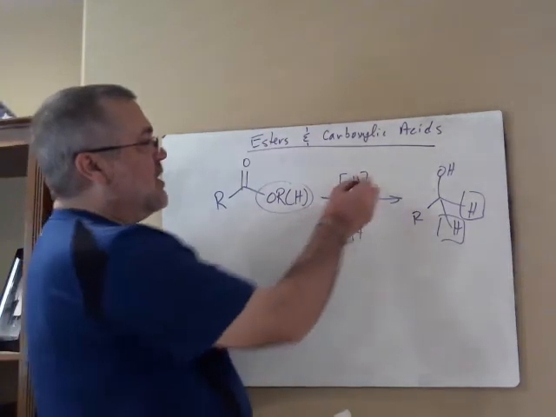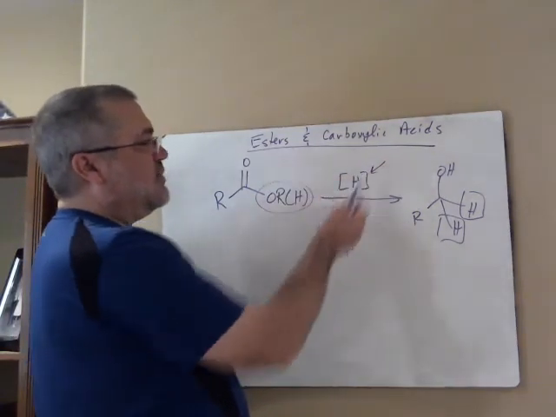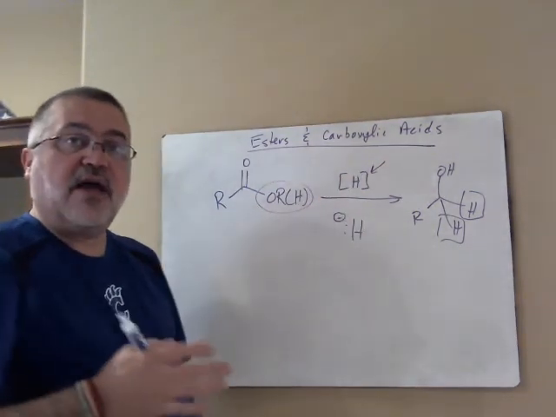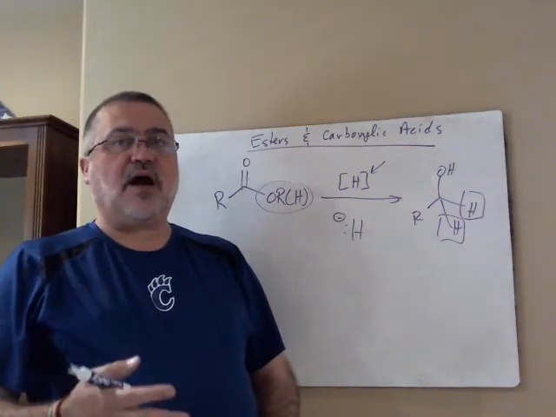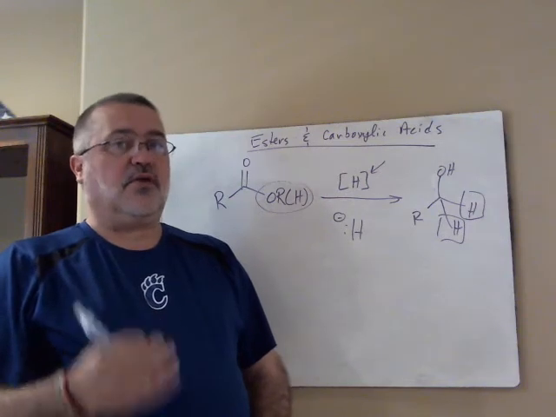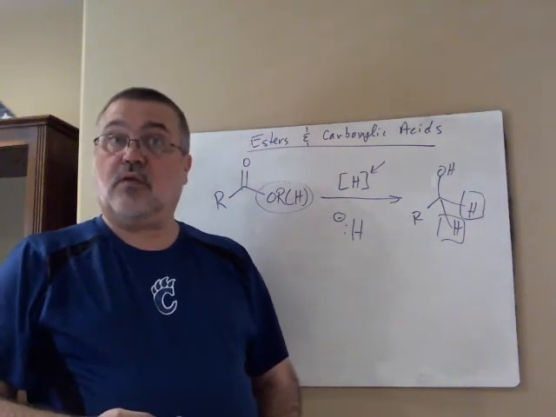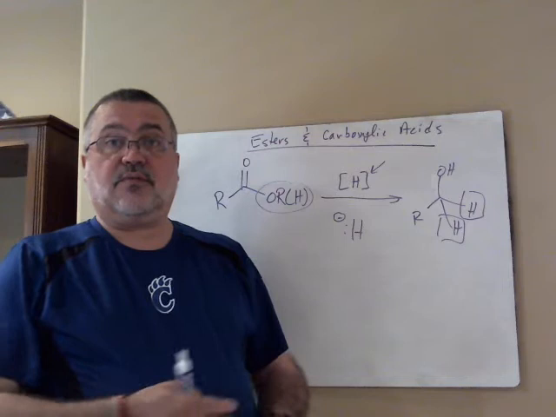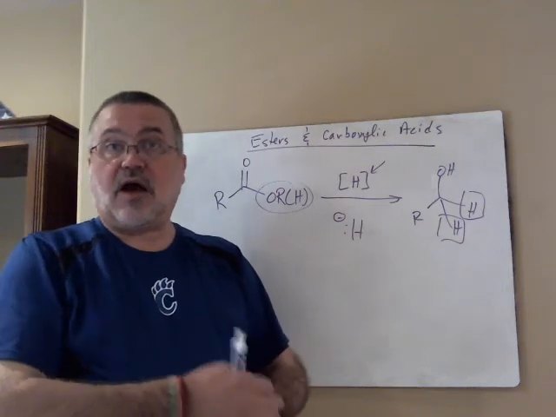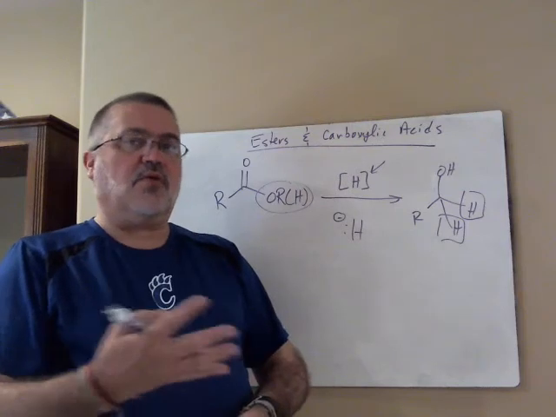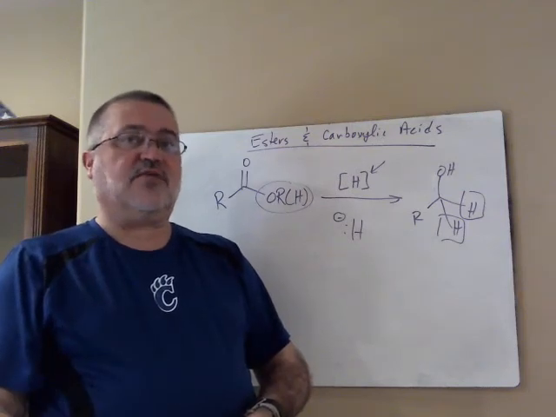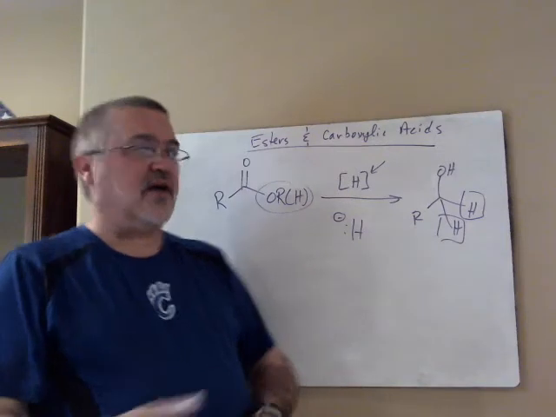But there is one issue. When we go to reduce an ester or a carboxylic acid, if we had an aldehyde or a ketone, both sodium borohydride and lithium aluminum hydride worked well. And also the cyanoborohydride, which is one that you won't commonly see used. But normal, common reducing agents will reduce ketones and aldehydes.